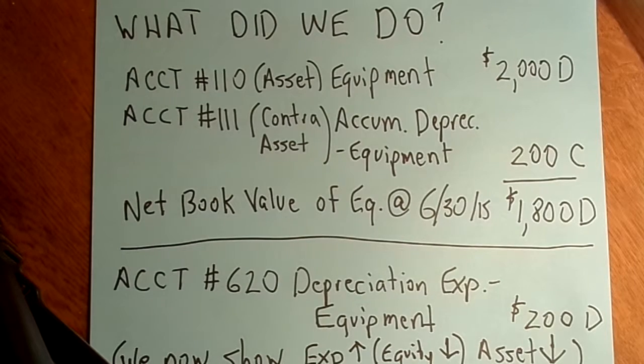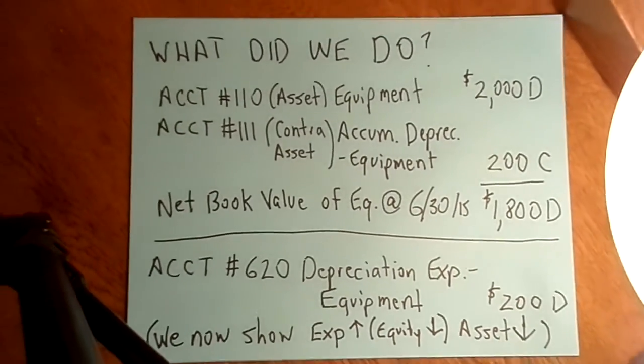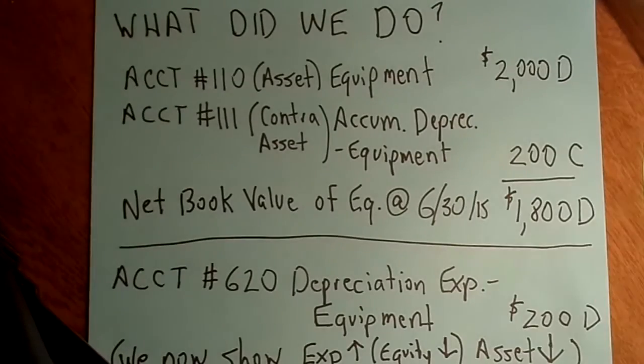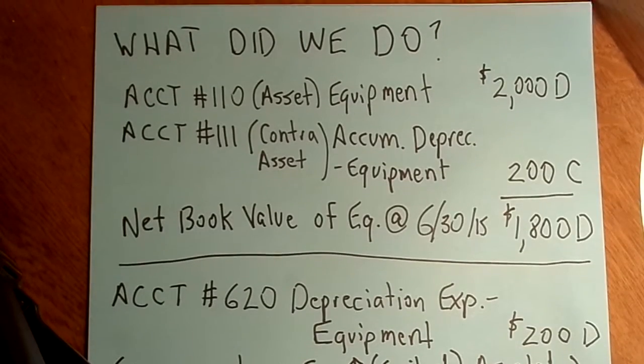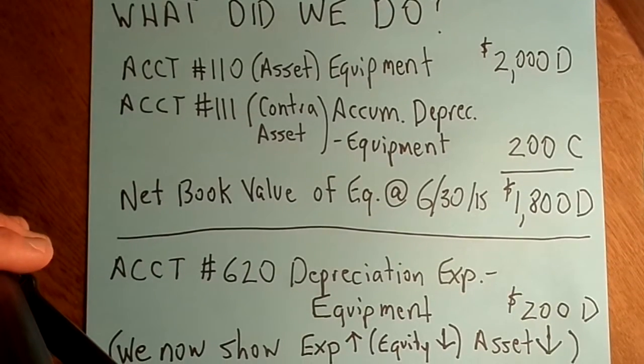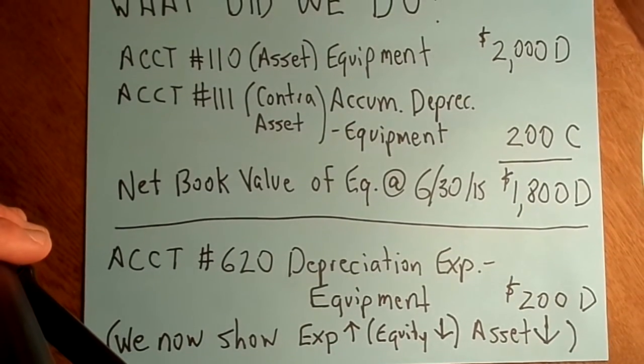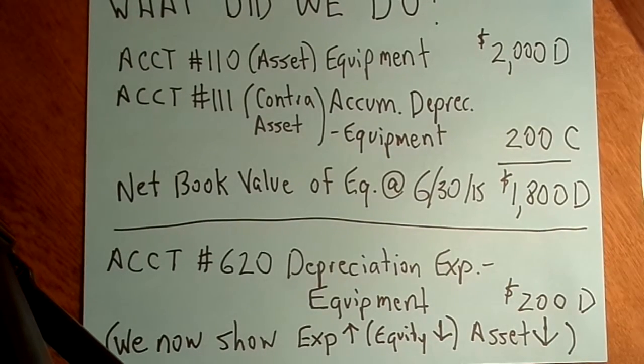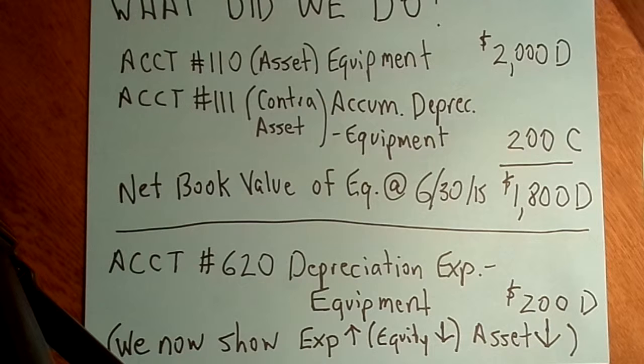What did we do here then? Well, what we did is we've taken account 110, the equipment.